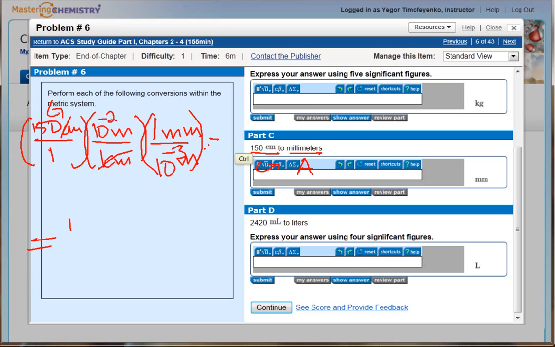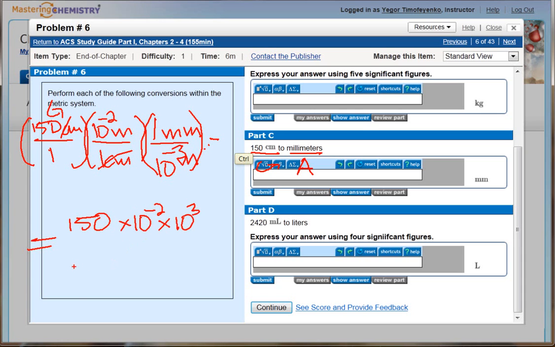So that would be 150 times 10 to the negative 2 times 10 to the third, because I'm going to move this up, it becomes positive.